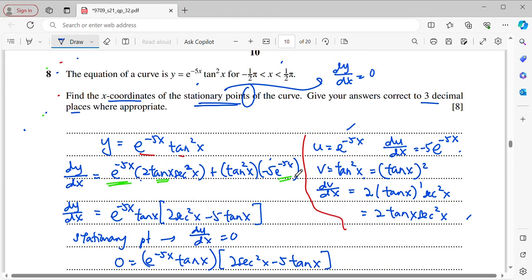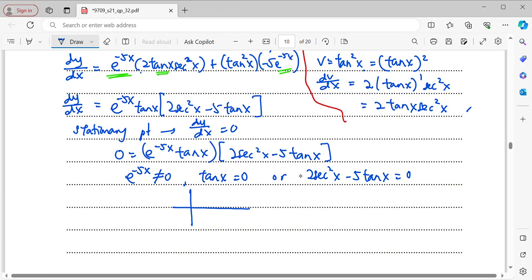Now let's see the question first. The question is from minus half pi to half pi. So this is the graph. Here is 2 pi, here is pi, here is half pi.